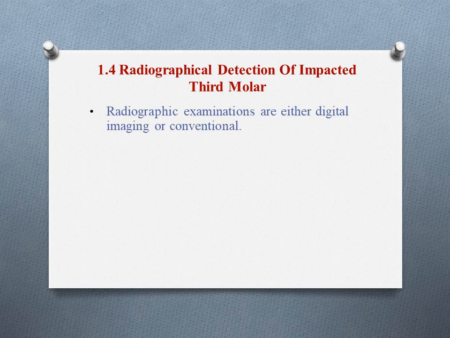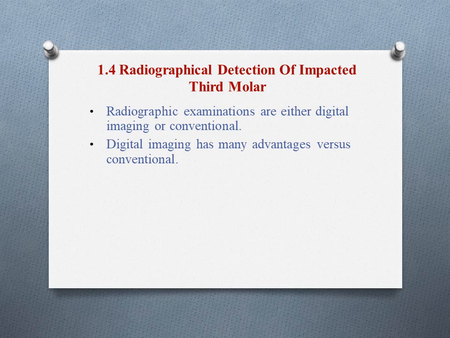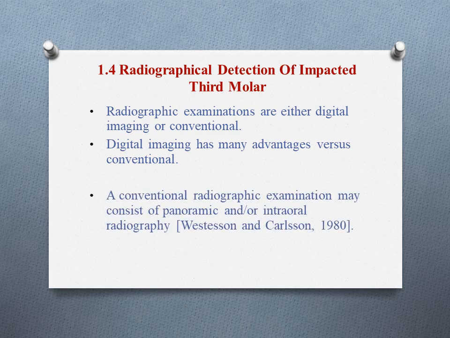Radiographical examinations are either digital imaging or conventional. Digital imaging has many advantages versus conventional. A conventional radiograph examination may consist of panoramic and/or intraoral radiography. Panoramic radiography is a simple tomograph technique that introduces the panoramic view of the maxillofacial region.